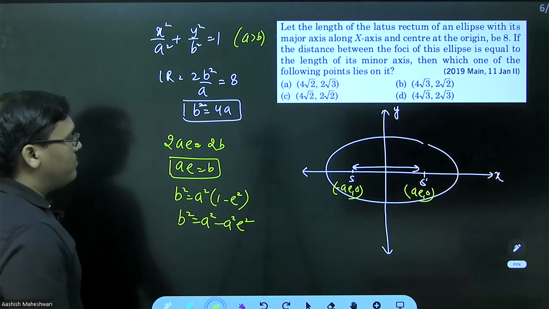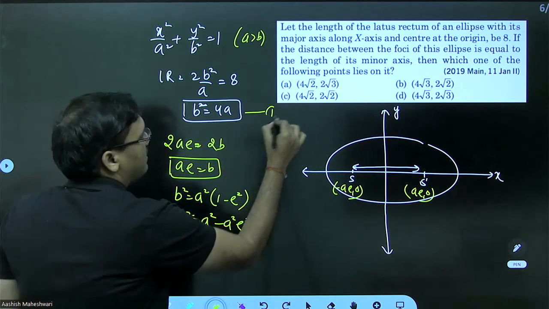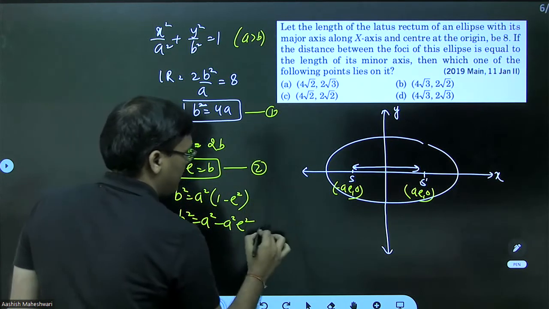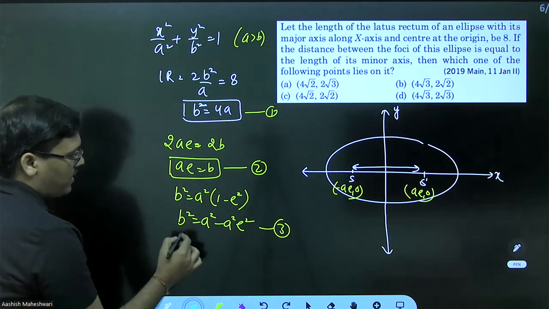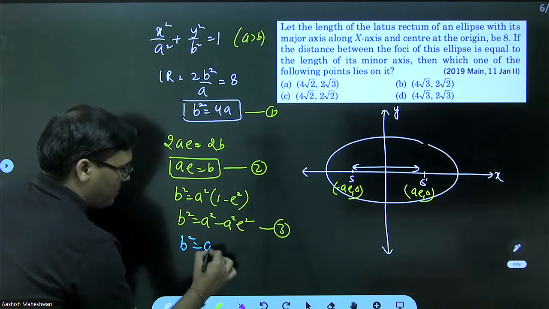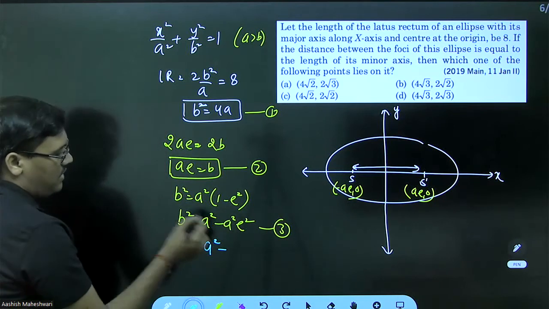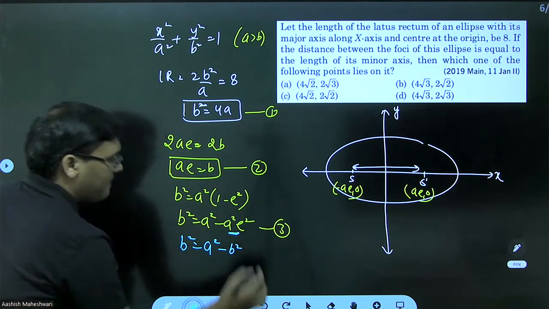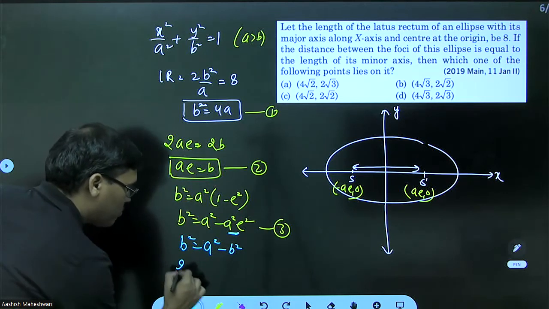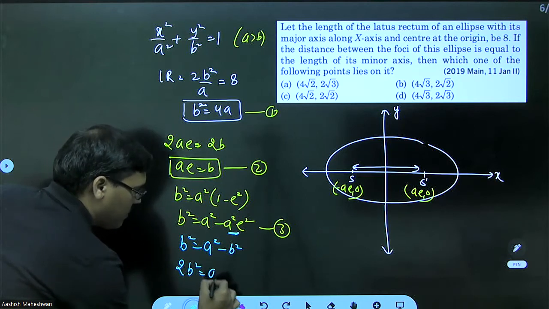Correct? All the questions are on the same pattern. You can see a square e square is equal to b square, so b square is equal to a square minus b square, which gives 2b square is equal to a square.